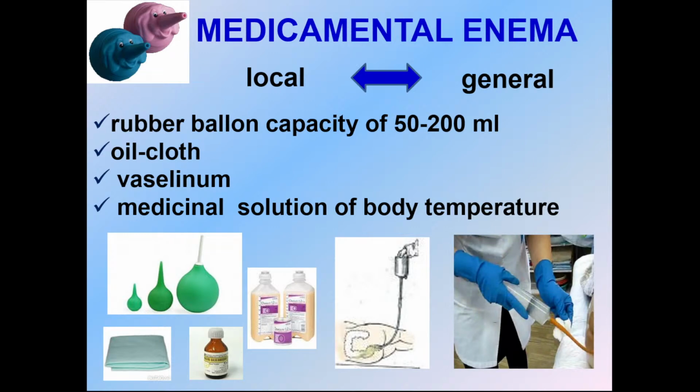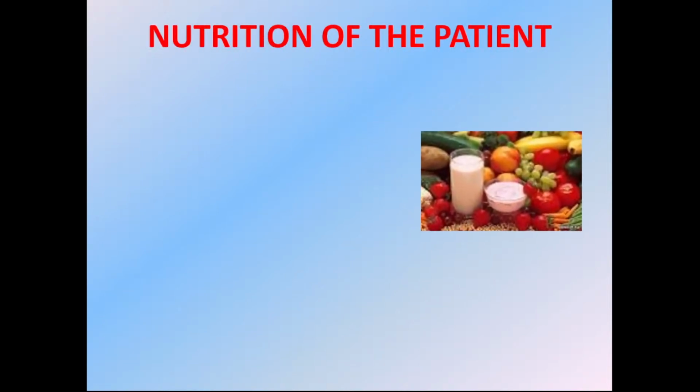Sometimes, if there is no rubber balloon, for this manipulation we can use a plastic syringe with a capacity of nearest 50 or 100 milliliters, connected with a short rubber tube, and we do the introduction of the tube or rubber balloon into the intestine the same as for any enema.